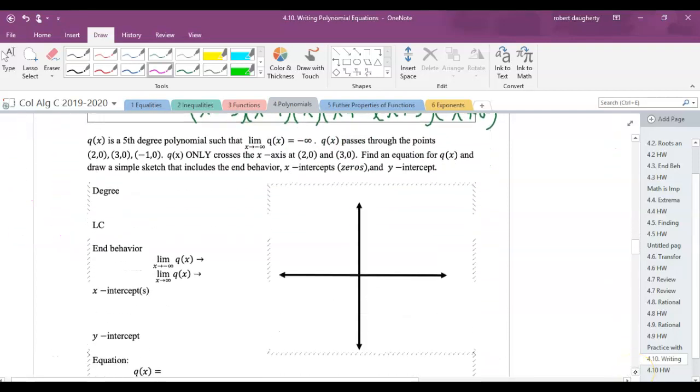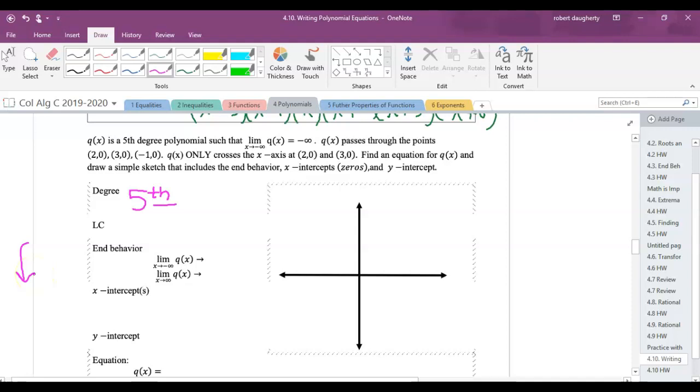Okay, you guys work on the next one here. What is the degree of this one? 5th degree. Okay, the limit of q of x as x goes to negative infinity is negative infinity. So that means it's going down as I go to the left, right?